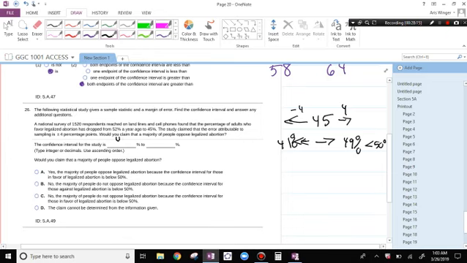So the confidence interval is 41% to 49%. Would you claim that a majority of people oppose legalized abortion? Well, the highest number is 49%. So we would say no, because the confidence interval for those against is below 50%.